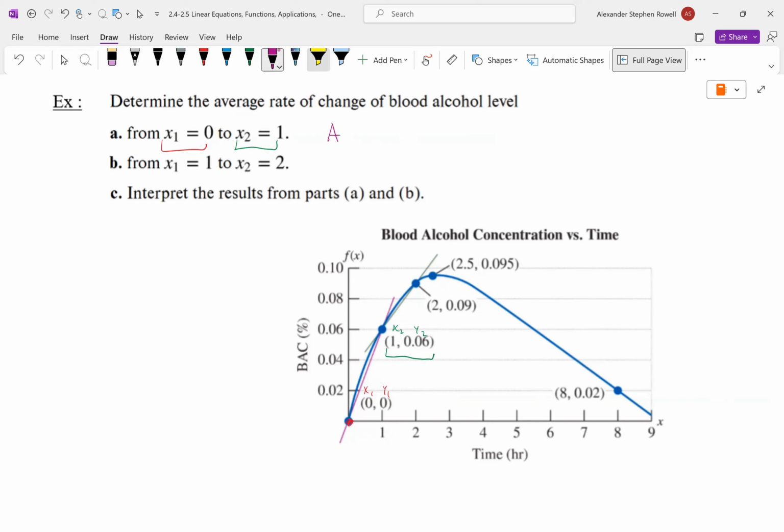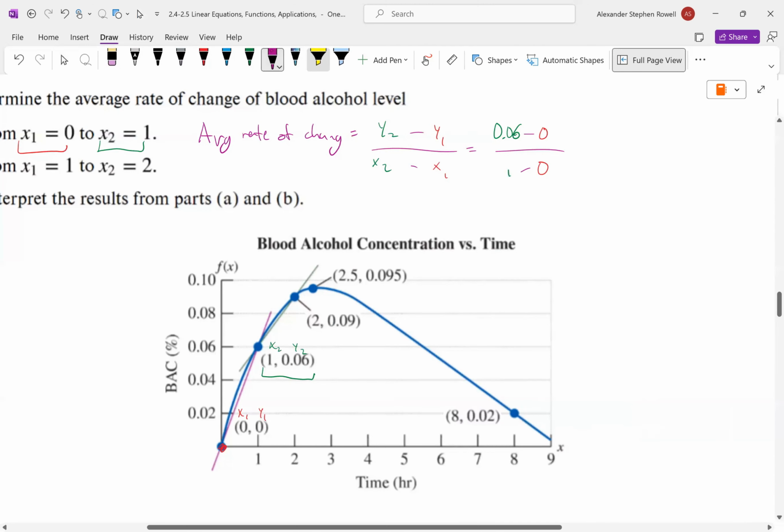So what is the average rate of change? It's equal to y2 minus y1 over x2 minus x1. In this case, let's go ahead and plug in 0.06 minus 0 over 1 minus 0.